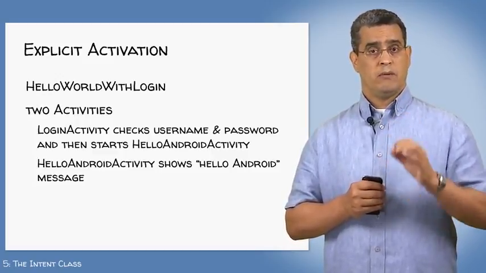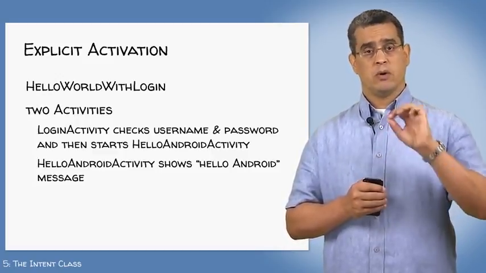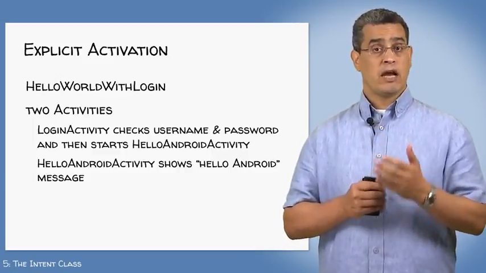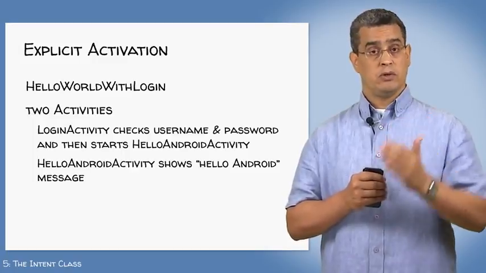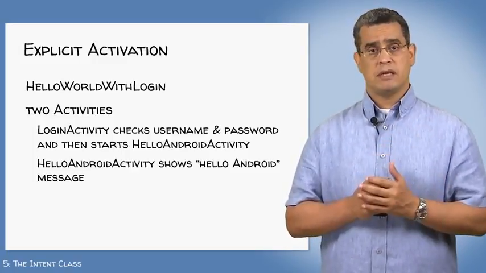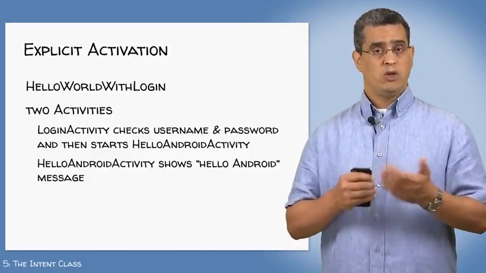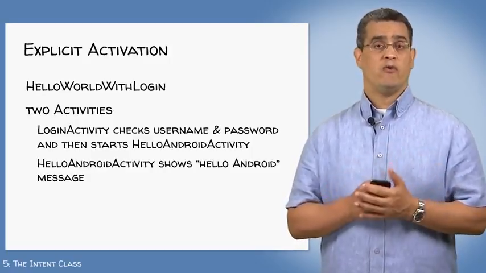There's also a button, and once the user enters the username and password, they'll hit the Login button, and then LoginActivity will check the entered password and username, and if it accepts them, it will then start the HelloAndroid activity, which will then display the words Hello Android.